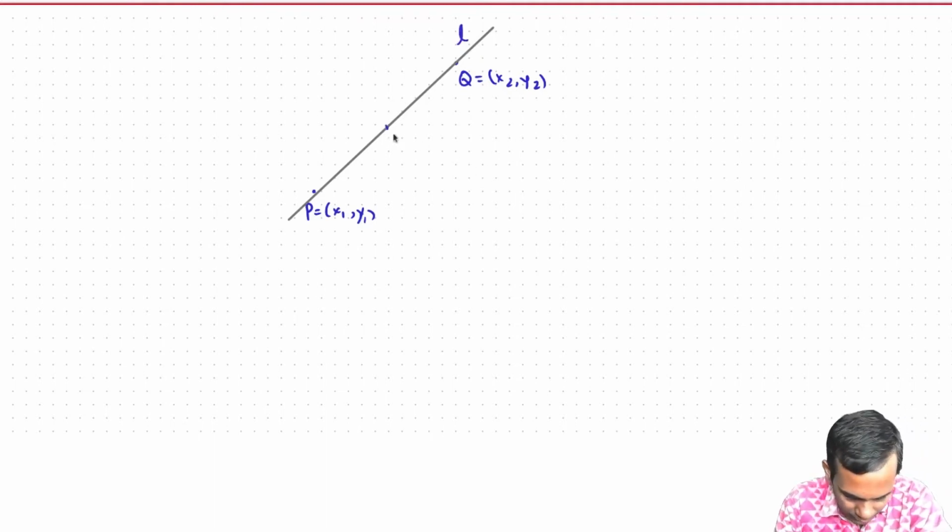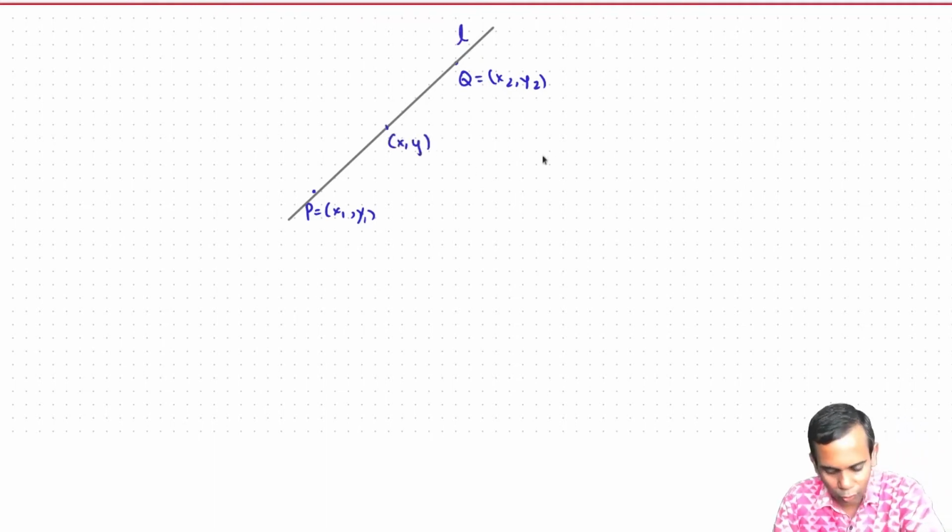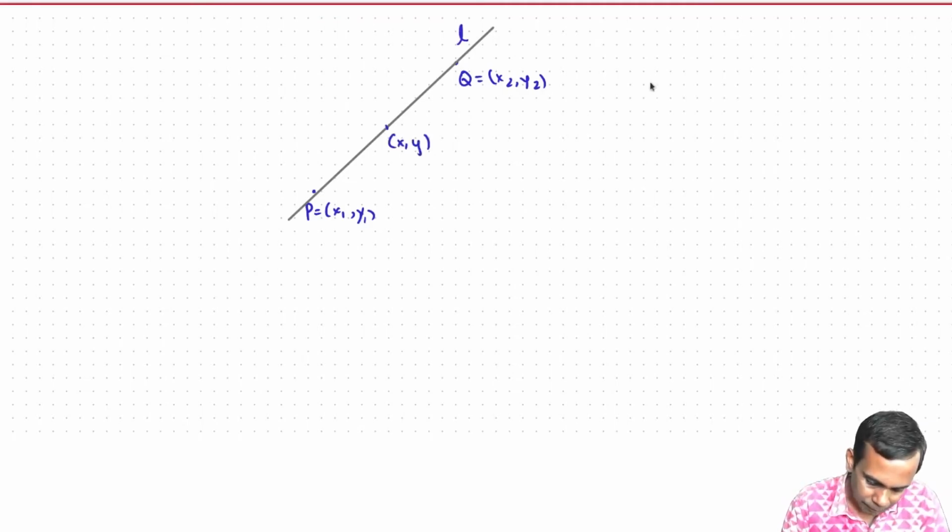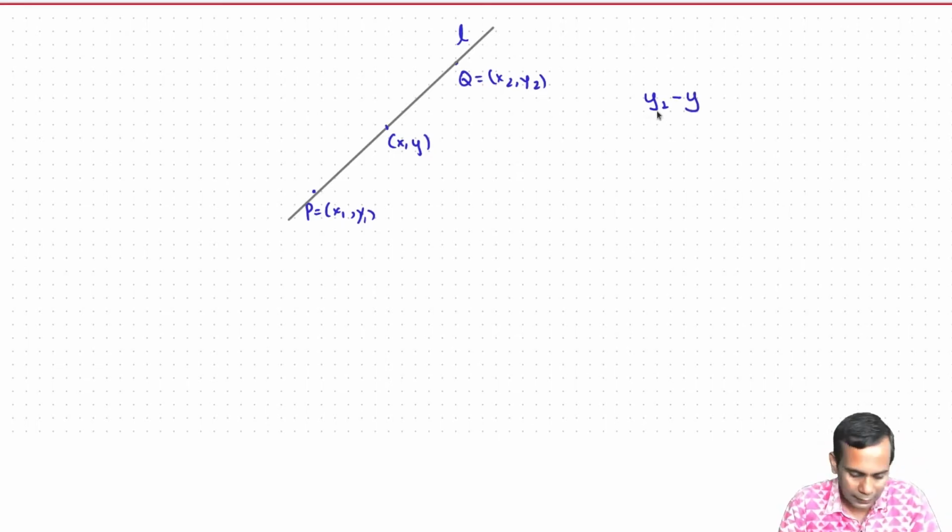If we have a point x comma y here, then what we know is that y2 minus y1 divided by x2 minus x1 is equal to y minus y1 over x minus x1. We can assume that either x1 is not equal to x2 or y1 is not equal to y2. If I assume that x1 is not equal to x2, then I can write it like this.